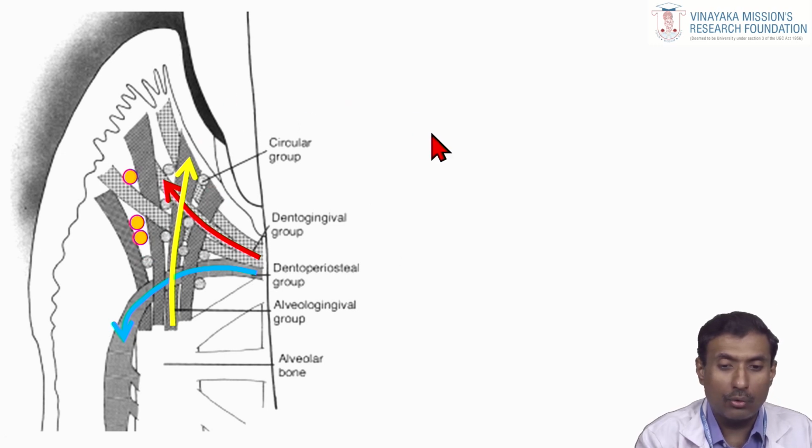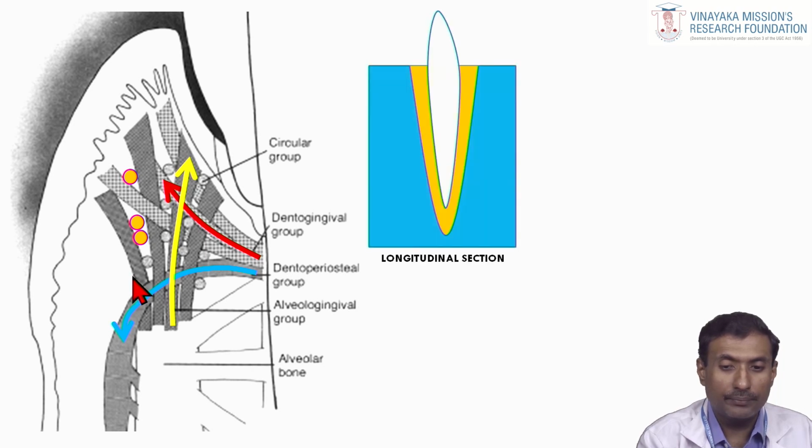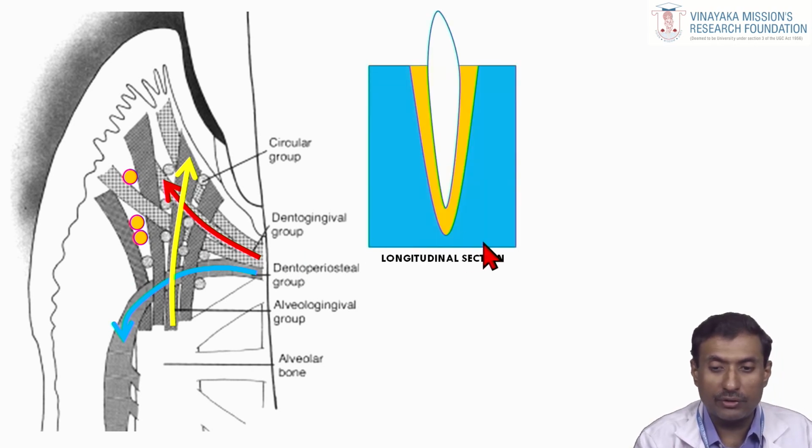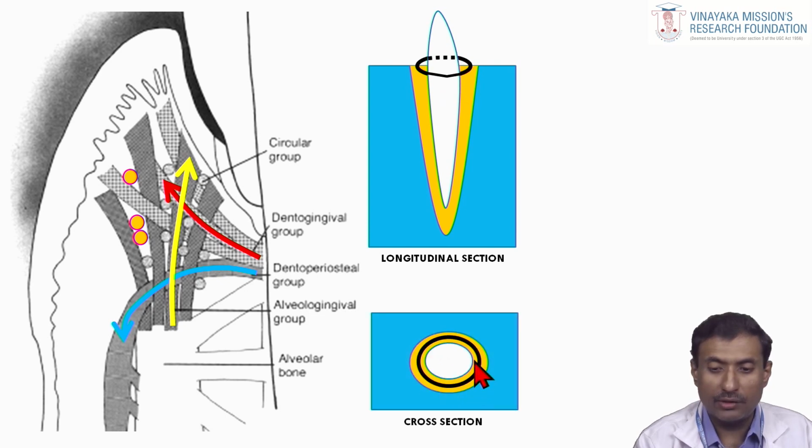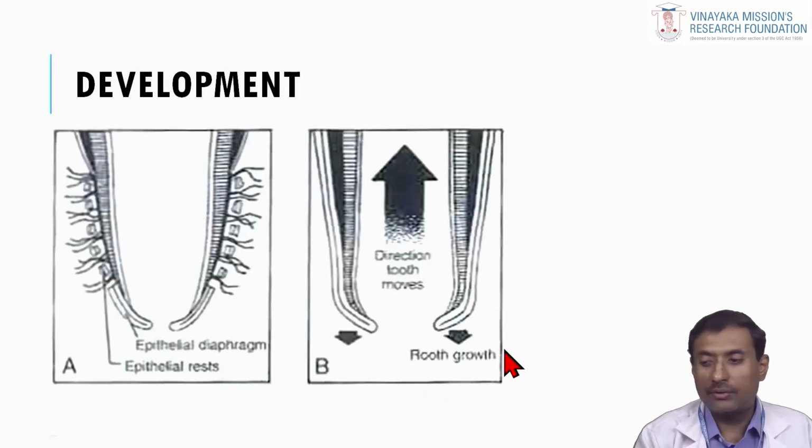They move around the tooth in the coronal portion. So if I were to draw it in a longitudinal section, they would move, as you can see here, around the cervical area of the tooth. If you imagine this to be the cervical area, the circular fibers are in a circular motion around the tooth.